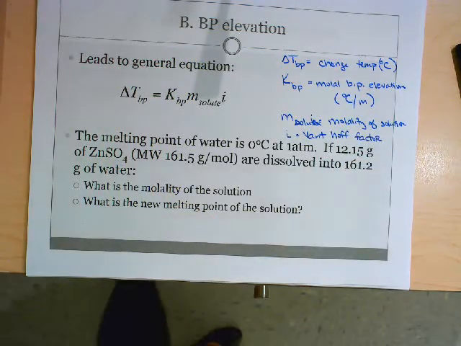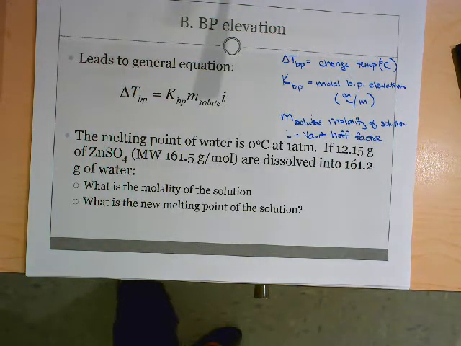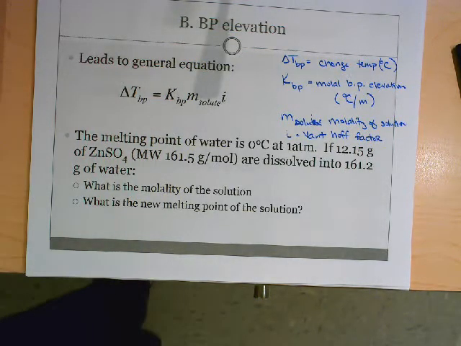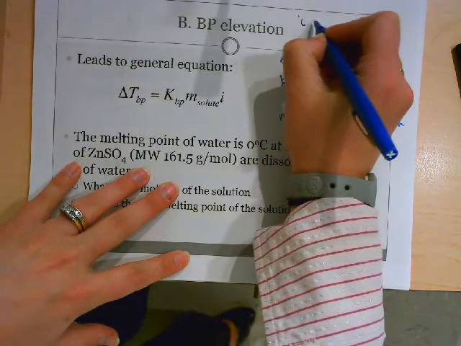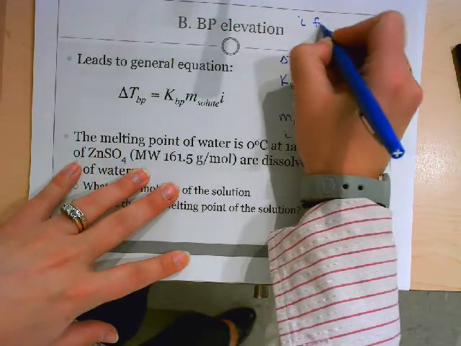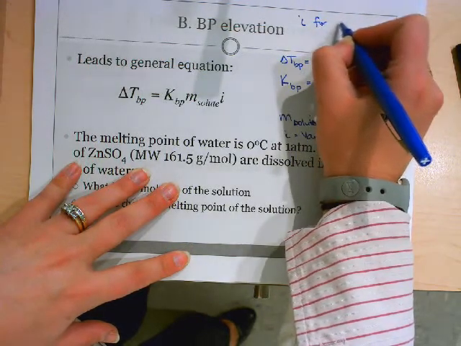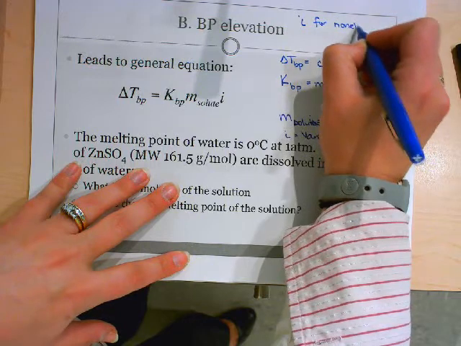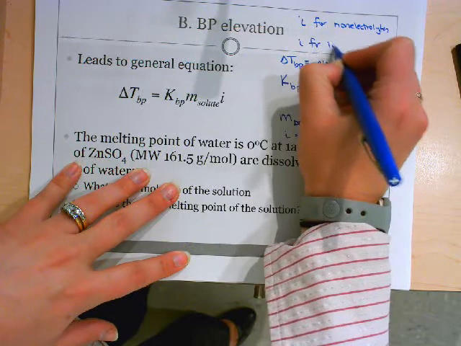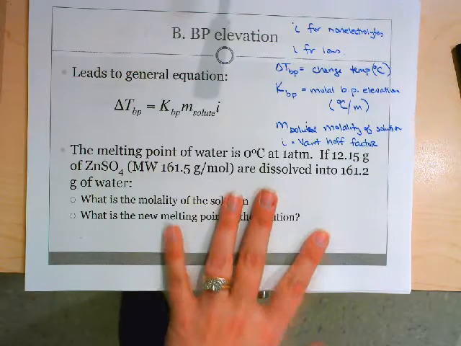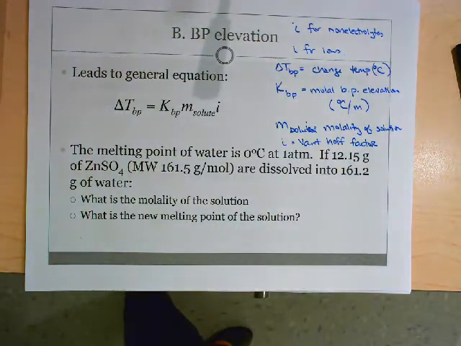It's this thing called the van 't Hoff factor, which is a really snazzy name, that just tells us about what kind of thing is being dissolved. So there's going to be two different i's. You're going to have an i if it's a non-electrolyte, or i if it's an ion.